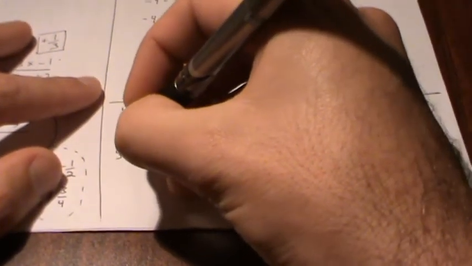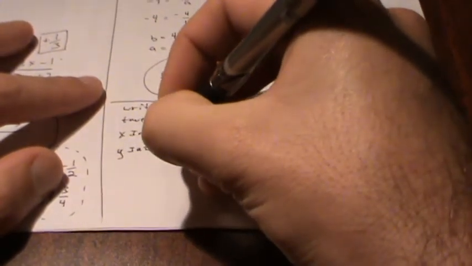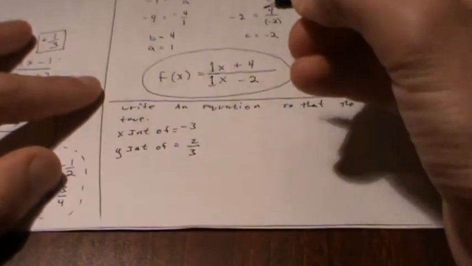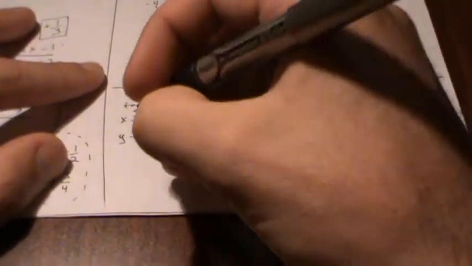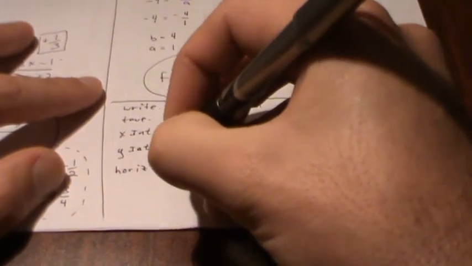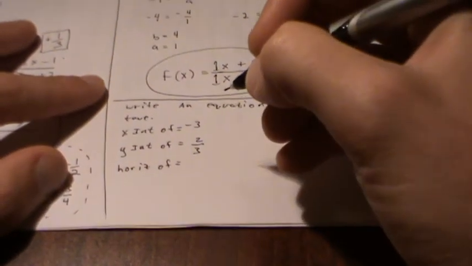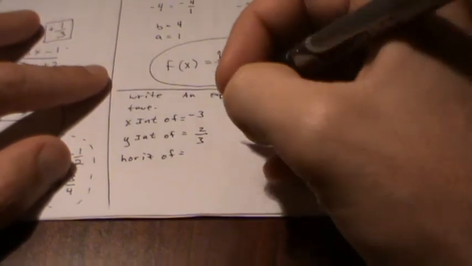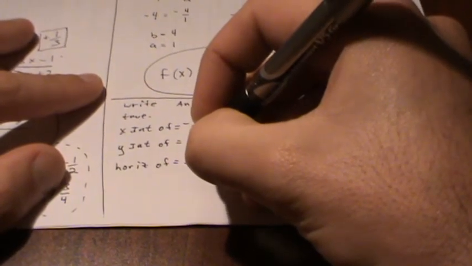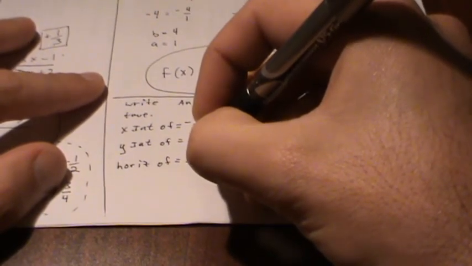I'm going to have a y-intercept of 2/3. I'm going to put some fractions into this one. And I'm going to have a horizontal asymptote of, let's go with -2, no, we'll go with -4/5.